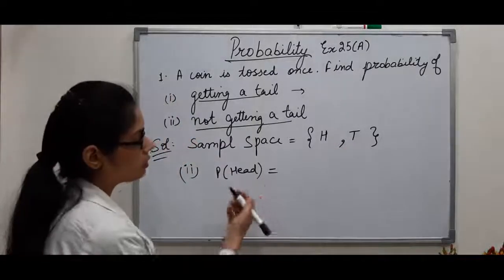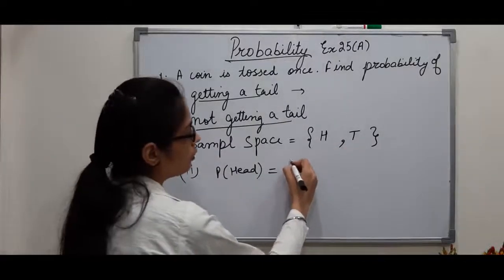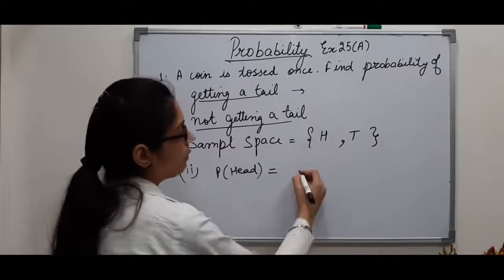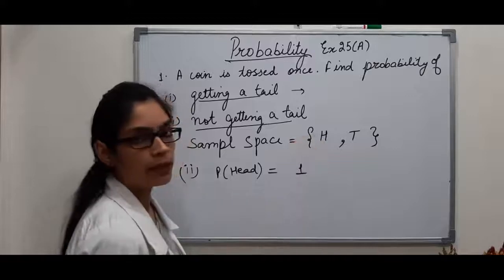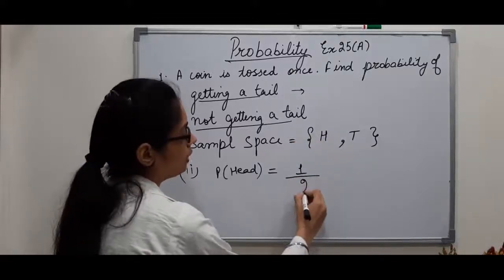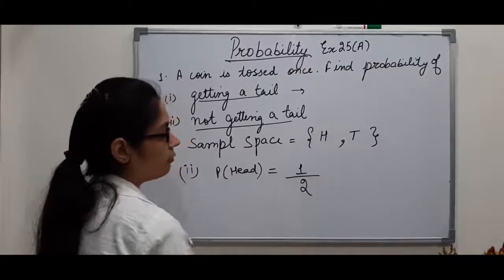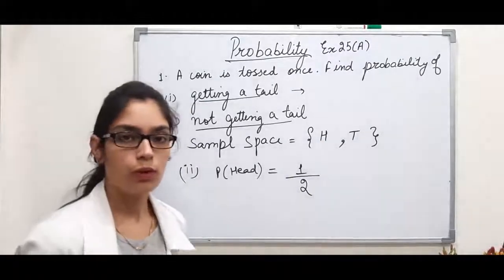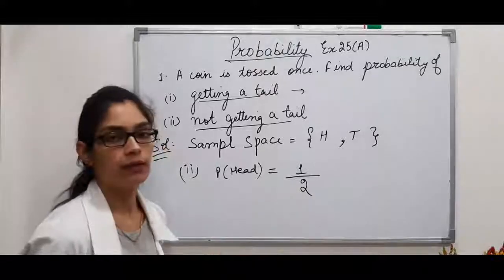This way also I can calculate it: the number of outcomes favorable to E will be 1, only one time I can get head, and the total number of possible outcomes is 2. So I will get the same answer, 1 by 2. So it's your wish how you want to do it. Both ways I can get my answer.